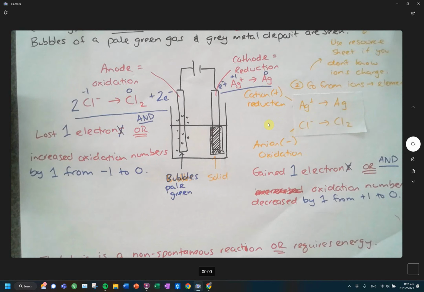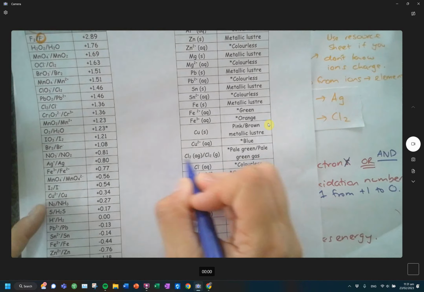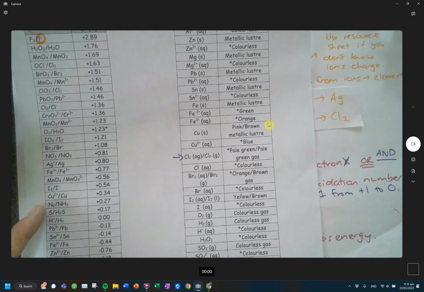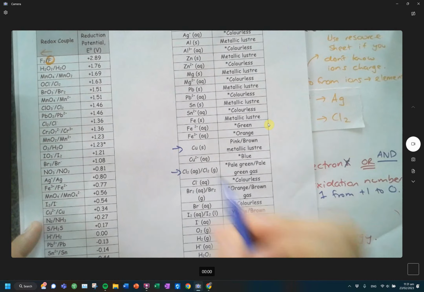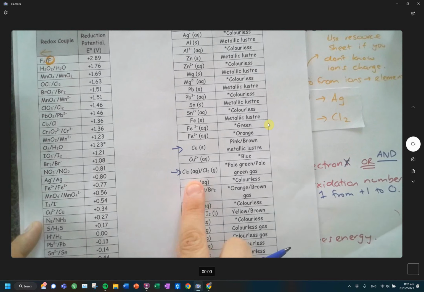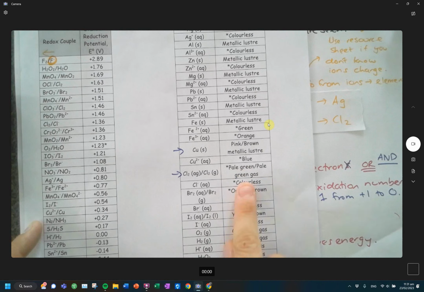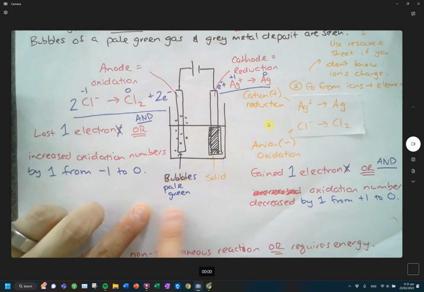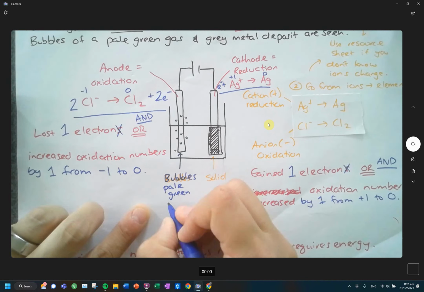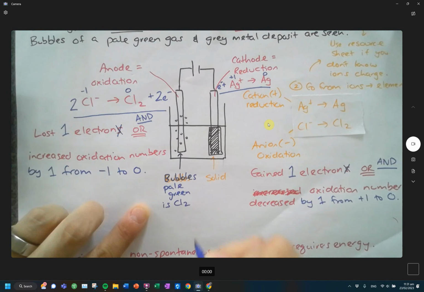That's, again, where the resource sheet comes in handy. I know that chlorine was one of my products, and I know that copper was another one of my products. I can see here that the chlorine gas matches the state and it matches the color. So when I'm labeling it, these bubbles that are pale green, that is the chlorine that's being formed.